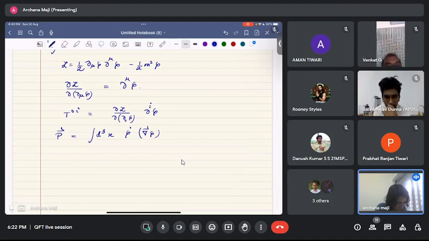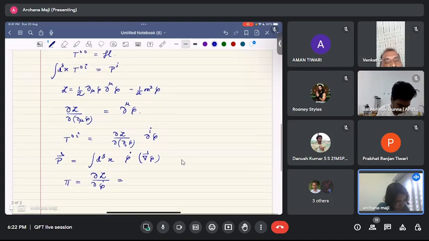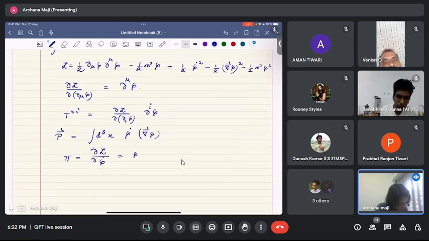Phi dot is nothing but the conjugate momentum pi. The conjugate momentum is defined as the derivative of the Lagrangian with respect to phi dot. This is equal to half phi dot squared minus half gradient of phi squared minus half m squared phi squared, so this is equal to phi dot.